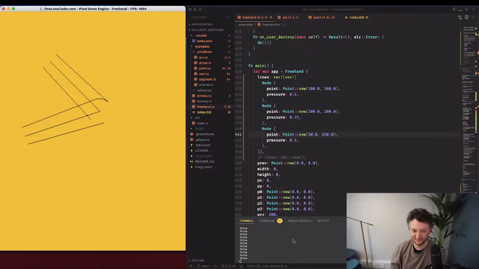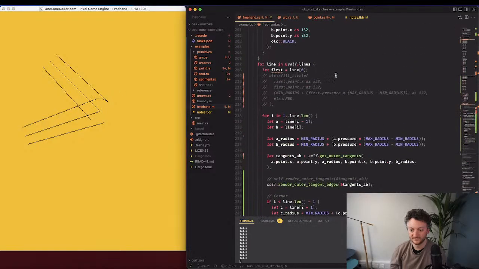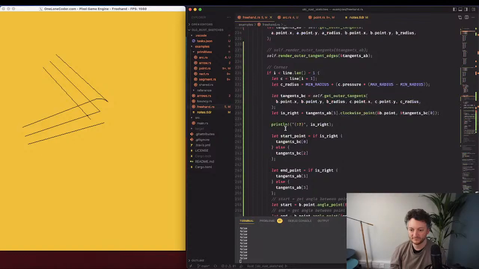And then this should be a right-hand turn. It's not. This is clockwise, right? From here to here. What am I missing?